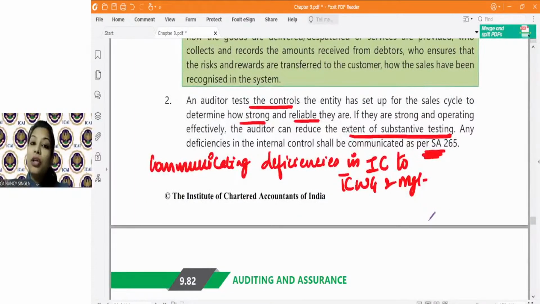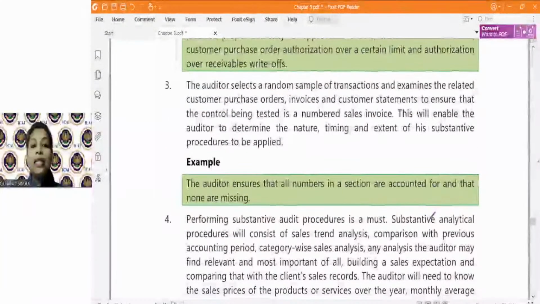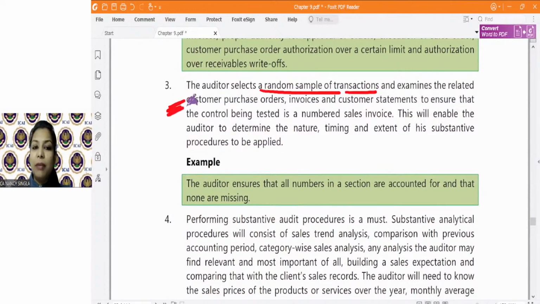And why is auditor performing test of control? Because this will decide his extent of substantive testing. Okay? Then it is mentioned that auditor may select a random sample of transactions, and based on that, from the very beginning till the end, auditor will check everything in order to see whether controls are good or not, so that he can decide upon the nature, timing, extent of his audit procedures. Clear?